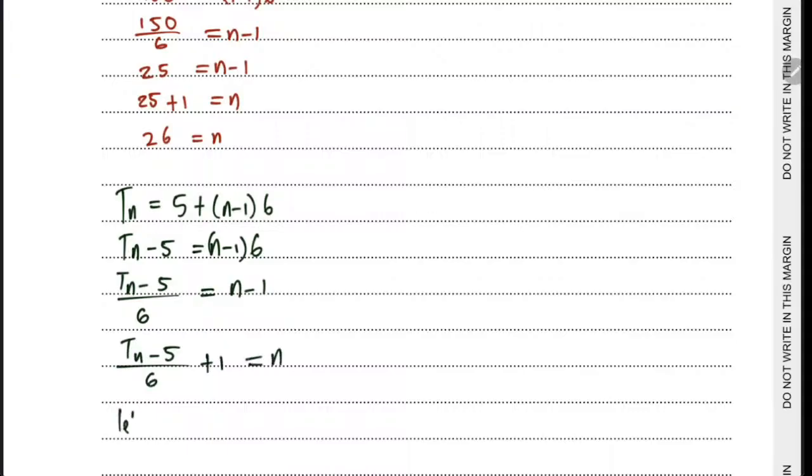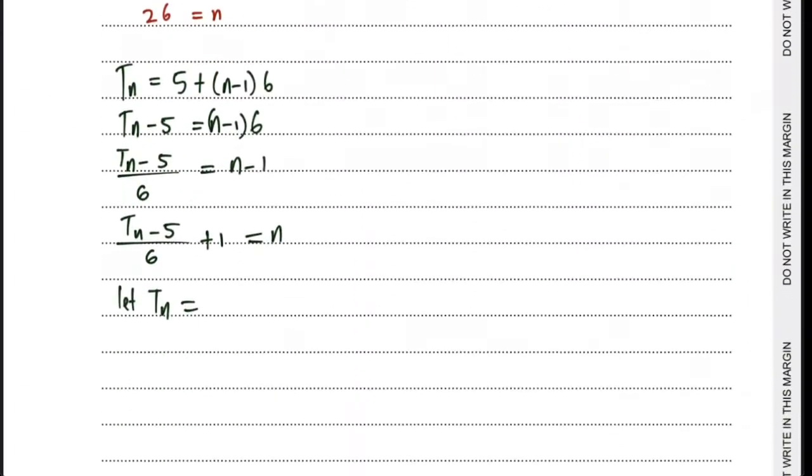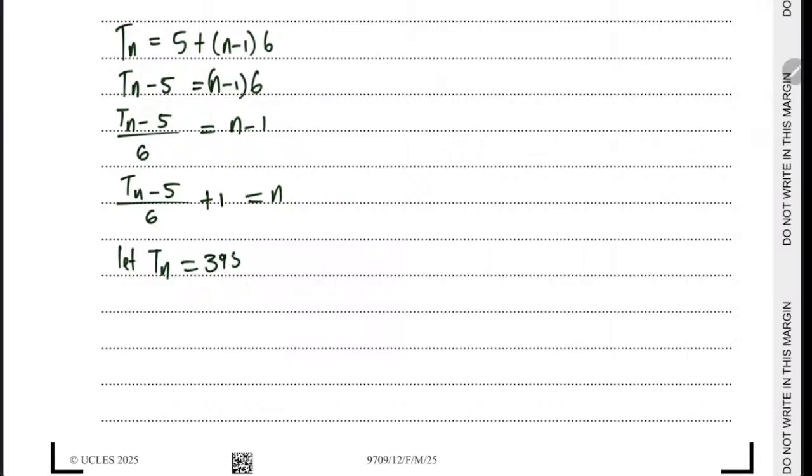Then you say let Tn be equal to, what did we make it? 397, right? What was it? 395. Okay, be 395. So you now say 395 minus 5 divided by 6. What is it? What did you say your answer was?